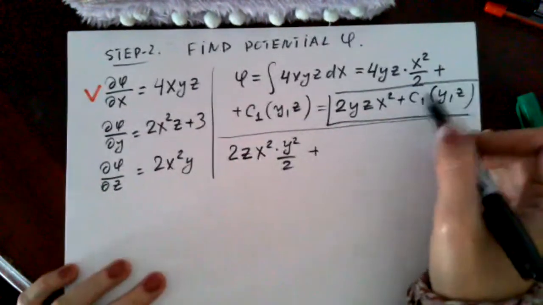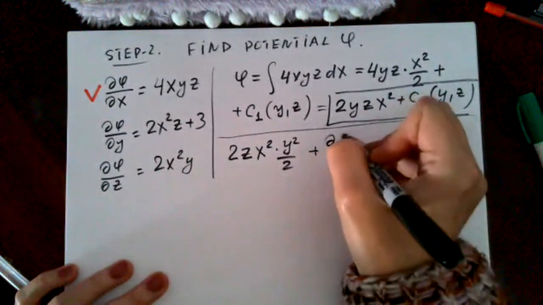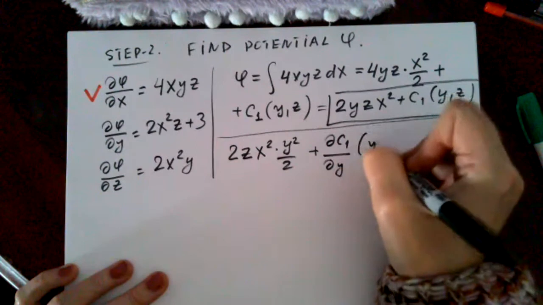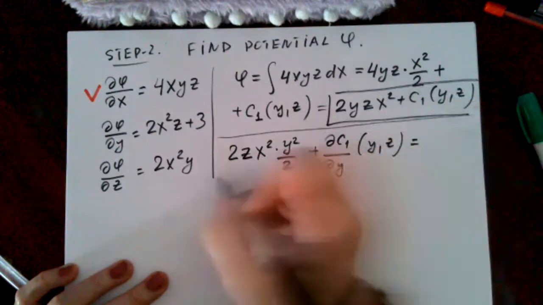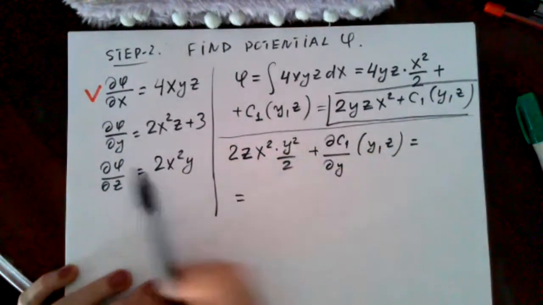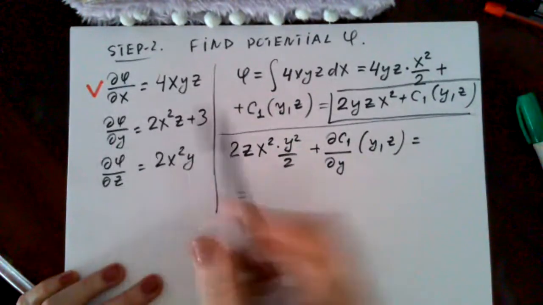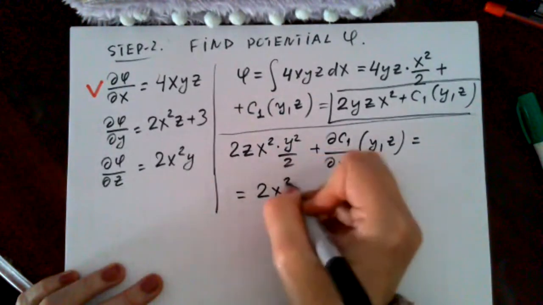And when you take the derivative of this guy, you need to write it this way: dc1 over dy of yz. Looks pretty fancy, but it's not a big problem. Okay, so we did the left-hand side of this equation, and we need to set it equal to the right-hand side.